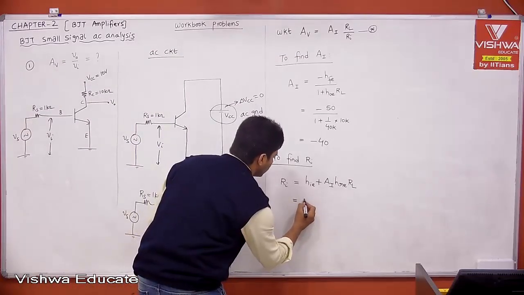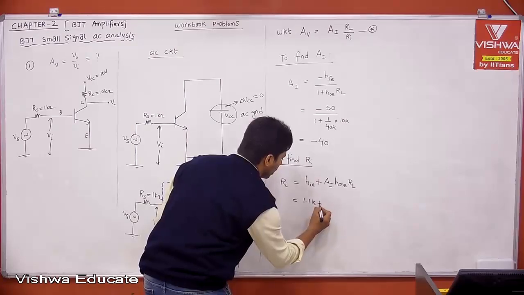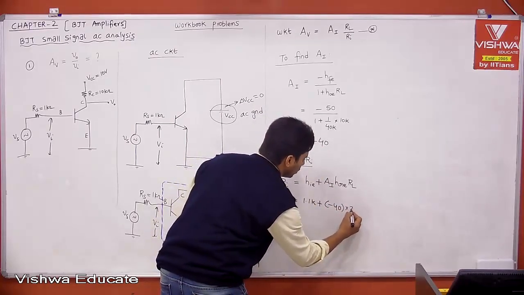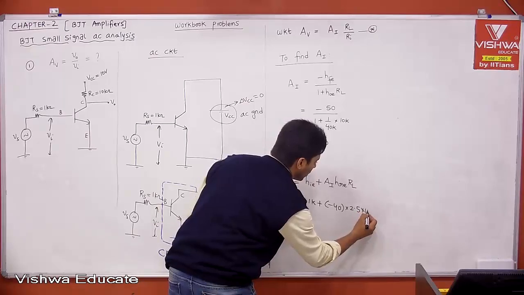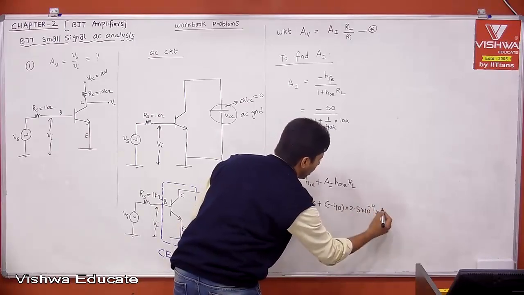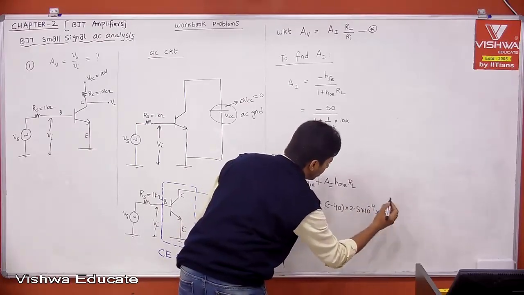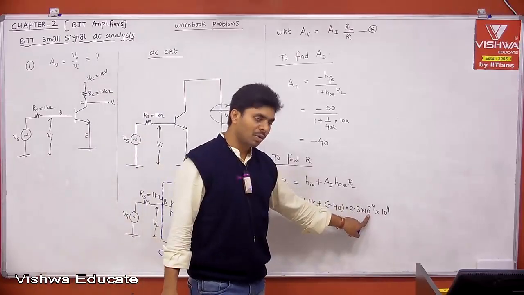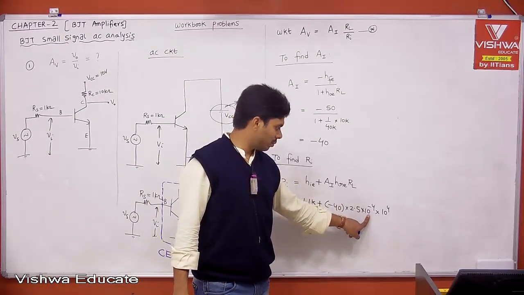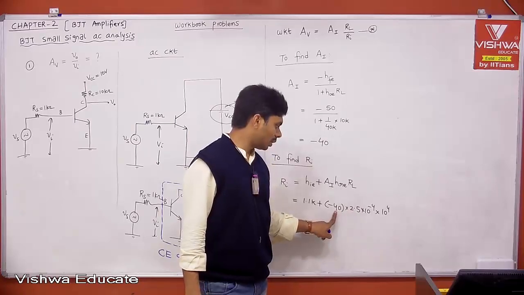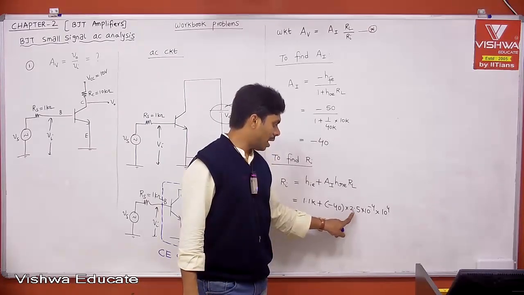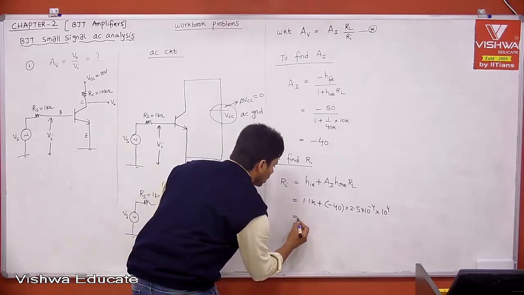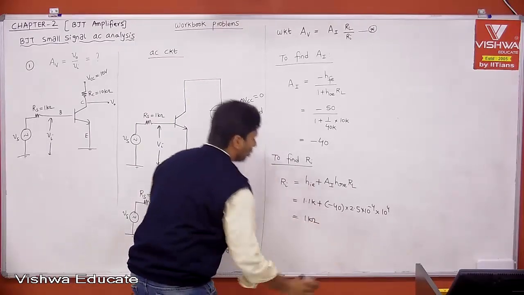What is the HIE value? 1.1 kilo ohm. AI value minus 40. HRE value 2.5 into 10 to the power of minus 4. And RL value 10k. 10k is nothing but 10 to the power of 4. Therefore, 10 to the power of 4 into 10 to the power of minus 4 is 10 to the power of 0, which is 1, 2.5 into 40 is 100, so 1100 minus 100 is 1000, which is nothing but 1 kilo ohm.